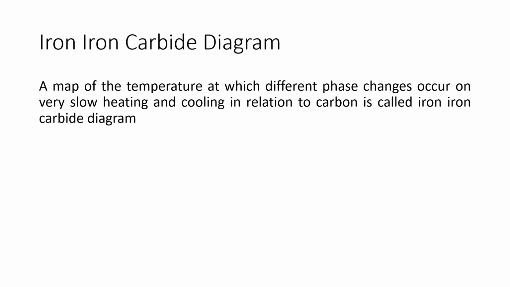The iron carbide diagram is actually a map of the temperatures at which different phase changes occur on very slow heating and cooling in relation to carbon.